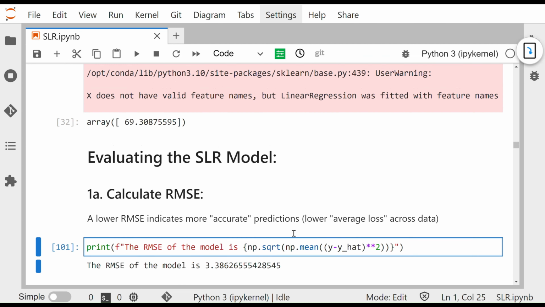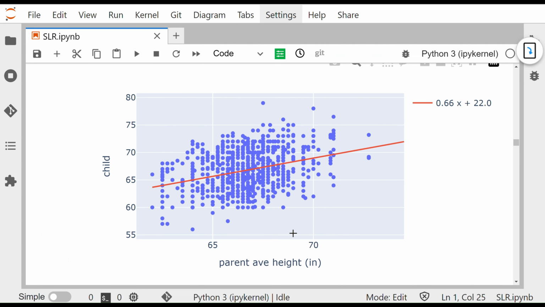The next piece of information, I'm actually going to draw up here and then we'll calculate it. I want you to notice that we can look at the variance of our original y values. If you imagine taking every single data point here and projecting it onto the y-axis and then getting the variance of that data, it gives us a sense of the spread of all the children's heights.